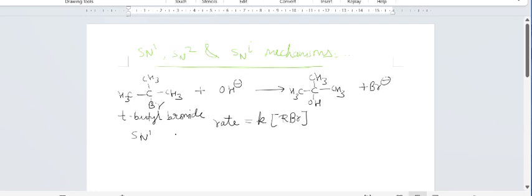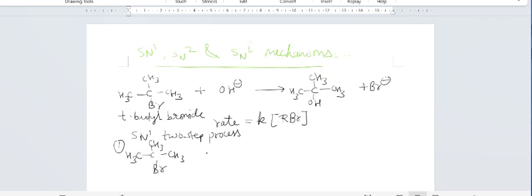according to which the substitution which is taking place is a two-step process. This is a two-step process. In the first step, tertiary alkyl halide produces the carbonium ion.